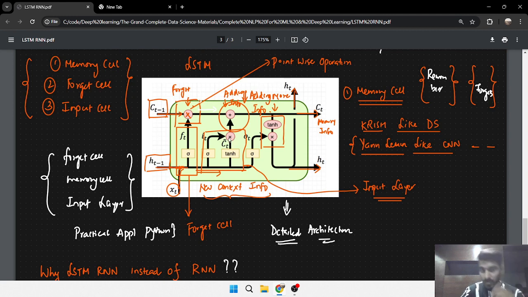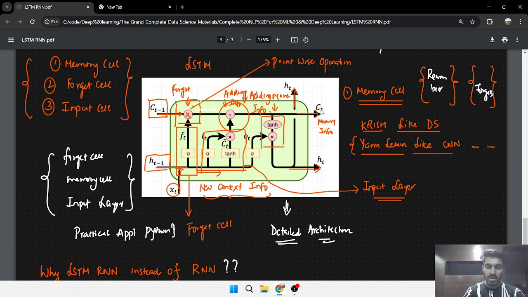So here we can get new information, and this new information will be concatenated with the long context memory vector, and we will get some new output. That's how this will work. Then we again apply a pointwise cross operation and a tanh activation function, and then we pass this info so that we will get a long context memory vector.